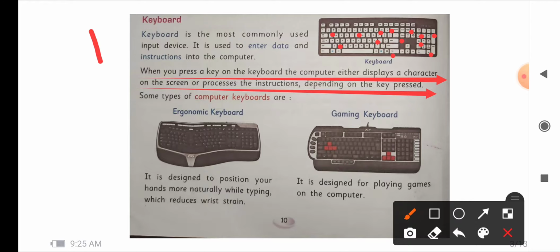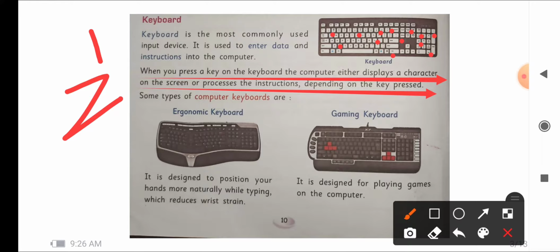If you press Z, the monitor will display Z. Or if you have entered any instruction to the computer, then it will process it and display it on the monitor. That means the instruction which you have given to the computer, depending on the key you pressed, that particular thing will be displayed on the monitor.